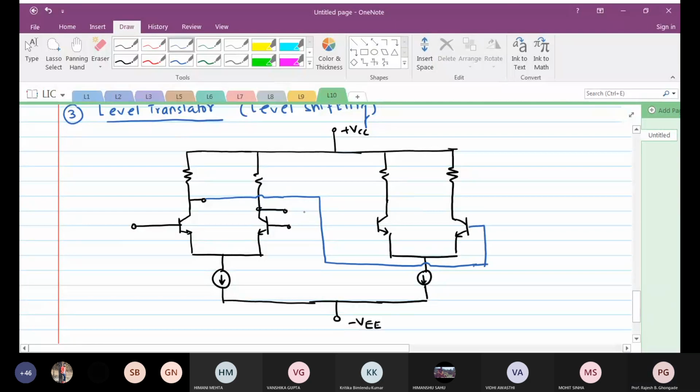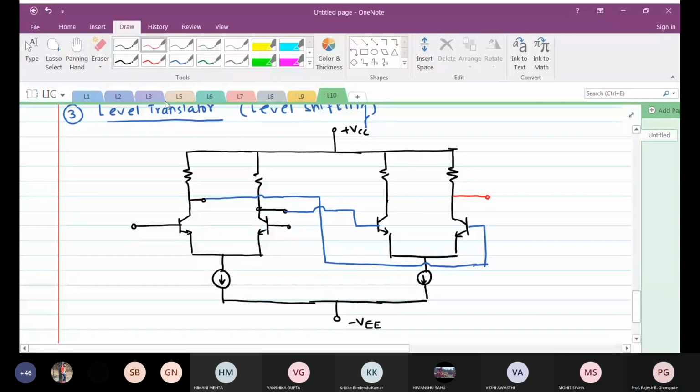Similarly here, the output goes to this end. And finally the output that I get is derived from across the collector of this transistor. So this is how the big picture will look.